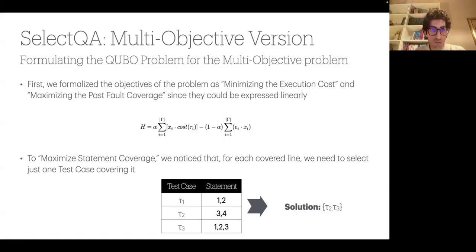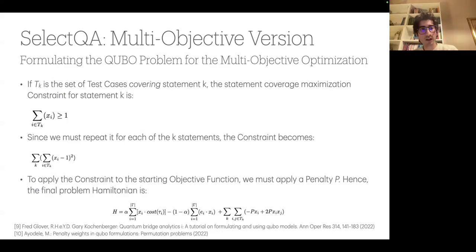Starting from this observation, we obtained the first constraint that we see here in the first expression. Here, what we say is that if T_k is the set of test cases covering the statement k, we just need that at least one of the test cases of this set has been selected.